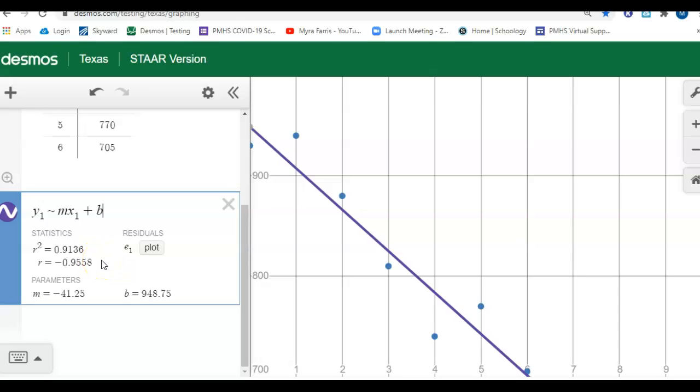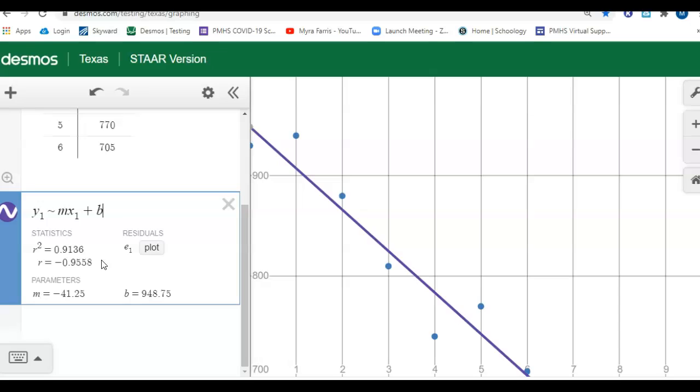The closer this is to 1, the closer my points are to making a perfect line. Do my data points make a perfect line? No, but pretty close. And so that's why that is a 0.9 or a 0.95. And the farther that's away from 1, the farther my data points are away from the line of best fit.